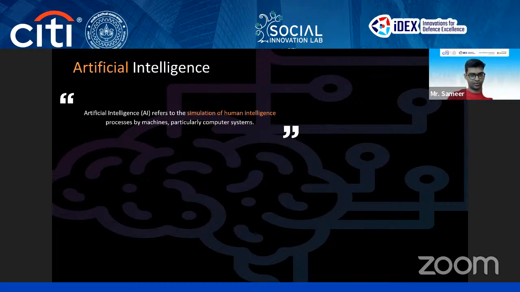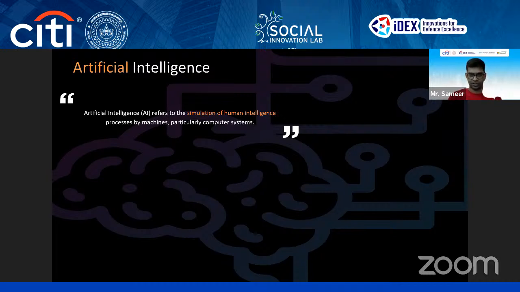There are also hardware systems with programming capabilities that can simulate human intelligence. The keyword here is to simulate human intelligence, right? We want the machine to be able to think like us, or in some cases even better than us. But at the end of the day, it is a simulation of human intelligence.